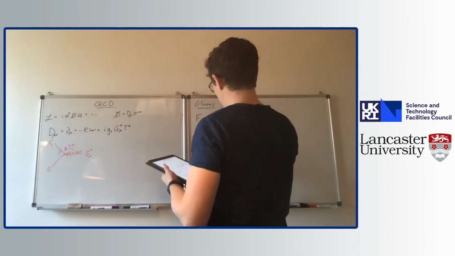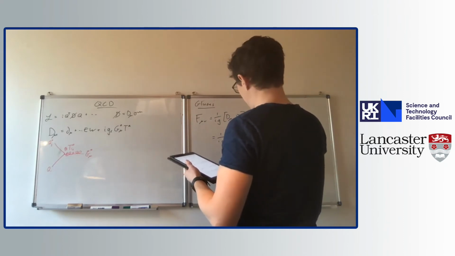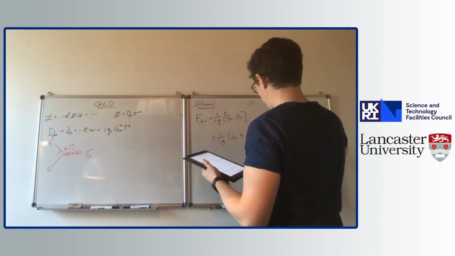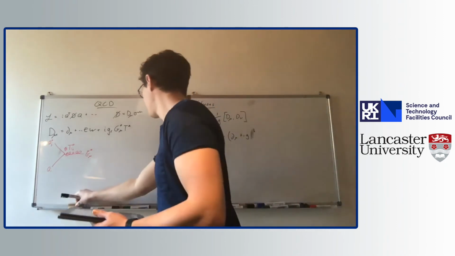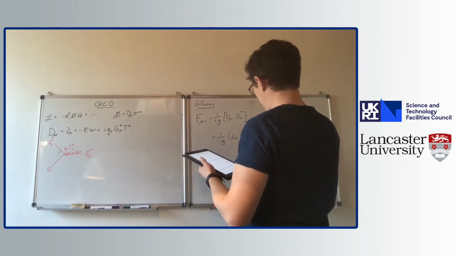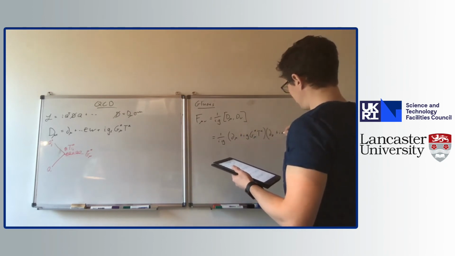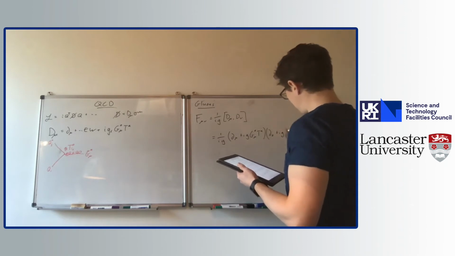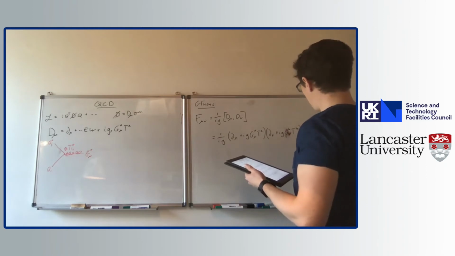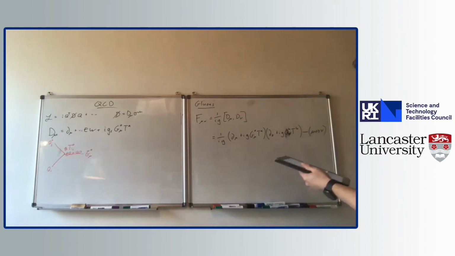This would be 1 over i g, something like d mu plus i g, oh, I should be using g's, not big G's, sorry, big G A mu T A, and then d nu plus i g, big G, I'm going to make this mistake a lot, big G B nu T B, and then minus the same thing, but where you swap mu and nu.